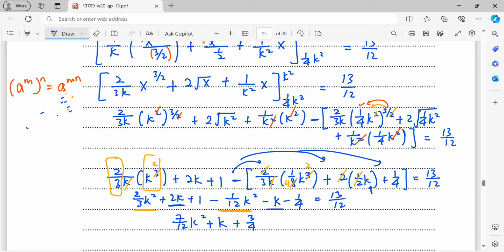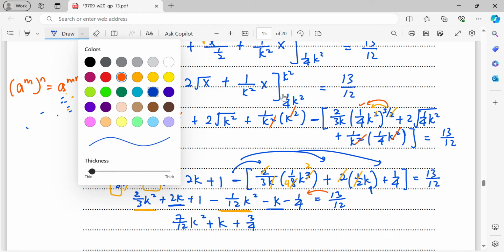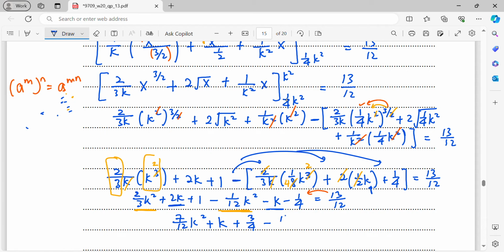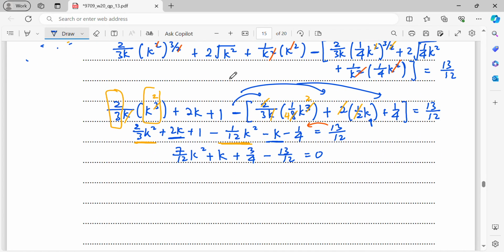Okay, then this 13 over 12 will be moved to the other side. Then here you get minus 13 over 12 equals to 0. And now from here I simplify the last two terms. So 3 over 4 minus 13 over 12 is basically negative 1 over 3. That equals to 0.